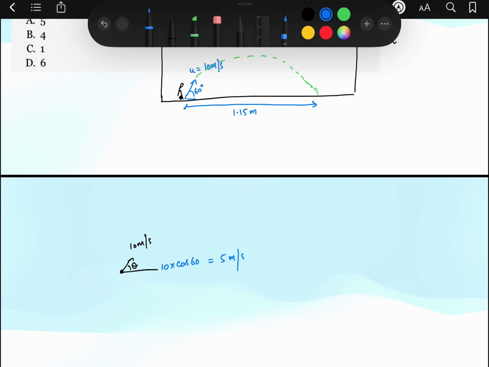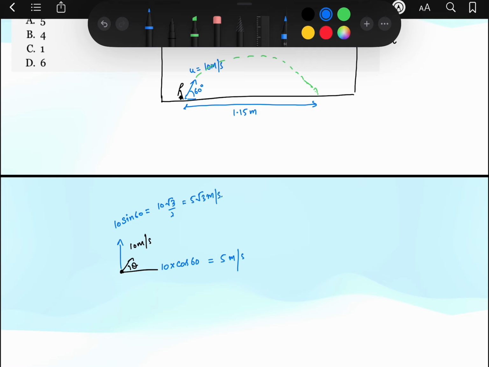Similarly the vertical component will be 10 into sin 60, that is 10 root 3 by 2, equal to 5 root 3 meter per second.